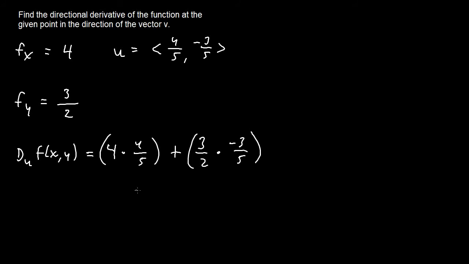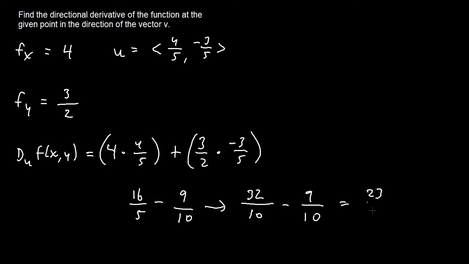So 4 times 4/5 is 16 over 5, and then I can bring that negative out front, so we'll get negative 9 over 10. I can find common denominators here. 16 over 5 I can rewrite as 32 over 10, and so 32 over 10 minus 9 over 10 gives me 23 over 10.